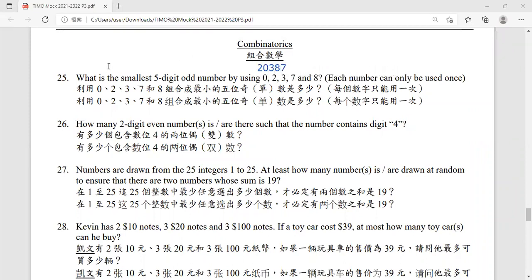But some of you may answer this one, but this is even. No, this is even. I want an odd number. So I have to put a 7 on the back.